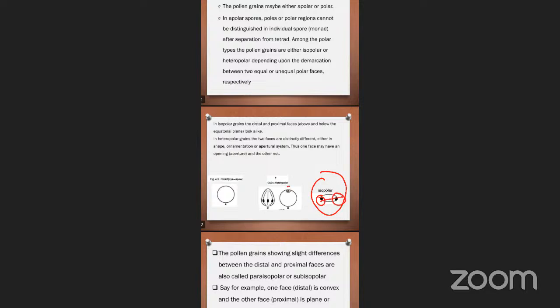Here the distal pole is present. In the heteropolar condition, where is the proximal pole? In the proximal side, no pole is present. So this condition is called heteropolar, right? And next one.